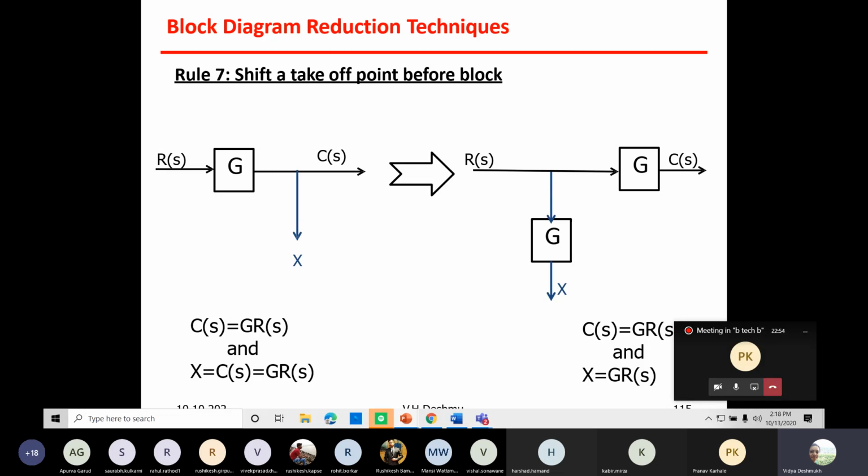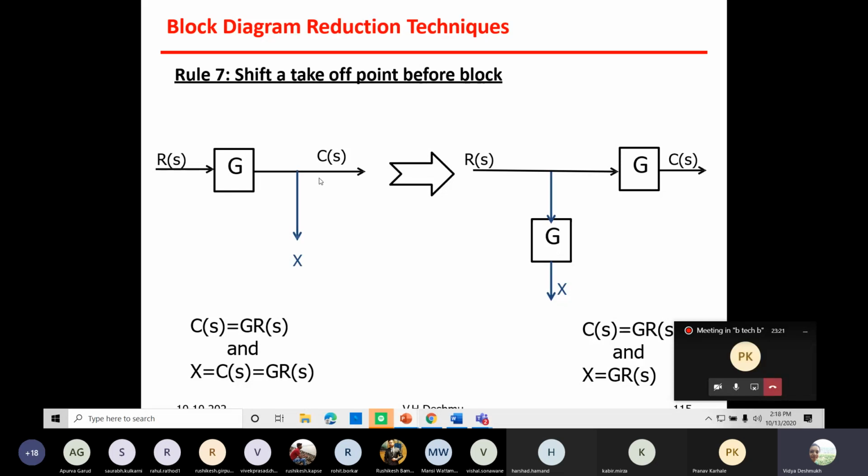If we shift this takeoff point before the block, we move it from above this block. Here we have to add an additional block G.